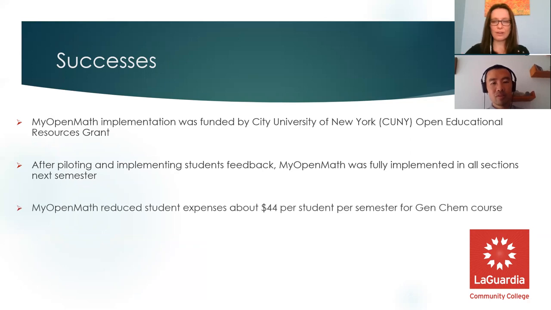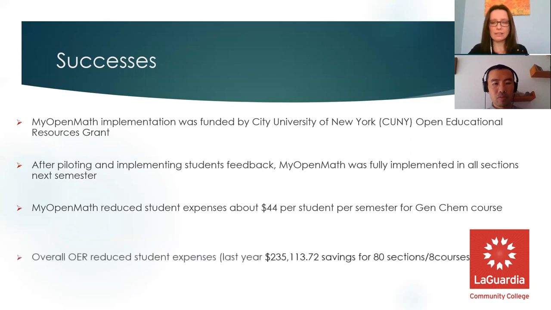So overall, you could say there are savings of about $44 per student per semester for the General Chemistry 1 course. And since this work is part of the grant, our department also tried to implement open educational resources in biology, physics, and chemistry.